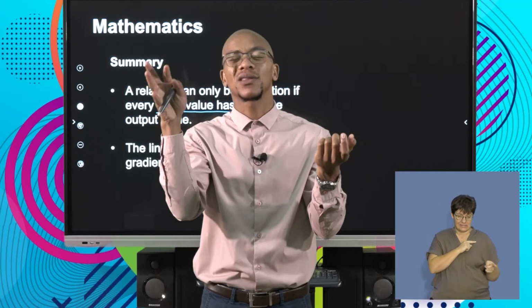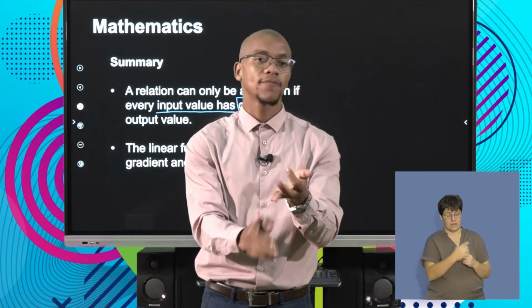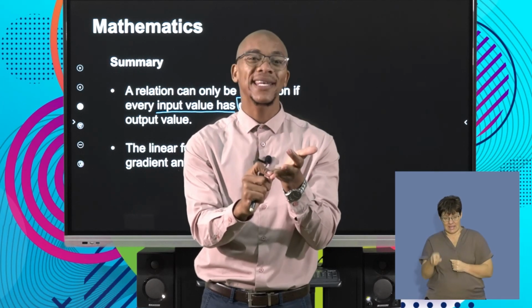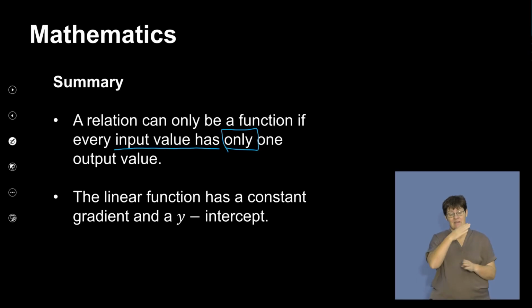Although on the other side, the output value is the same throughout. So it's 1 to 1 and many to 1. As soon as it becomes 1 to many, it's no longer a function, it's just a relation. And then the linear function has a constant gradient and a constant y-intercept, right?